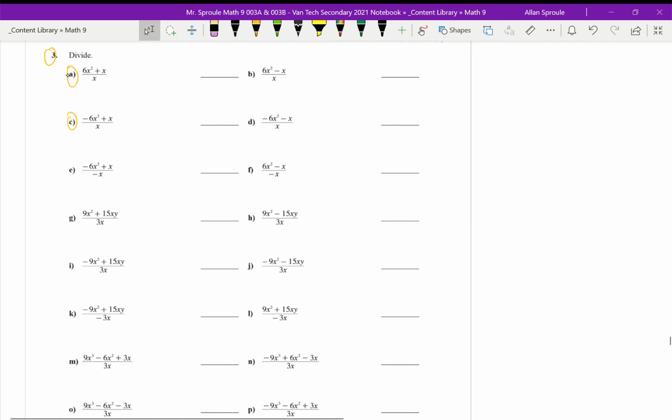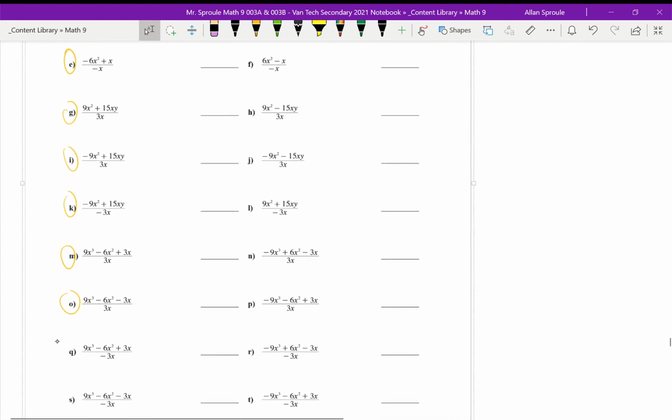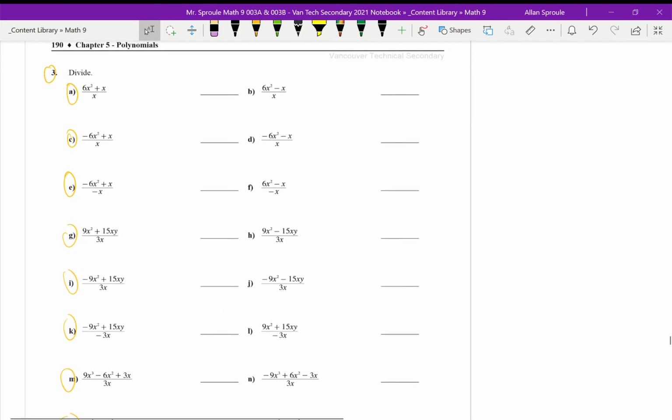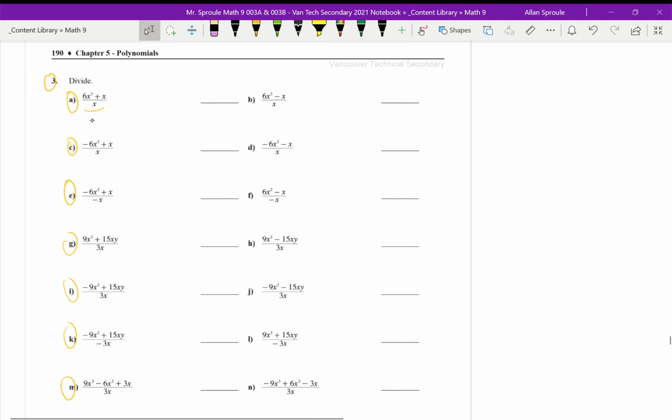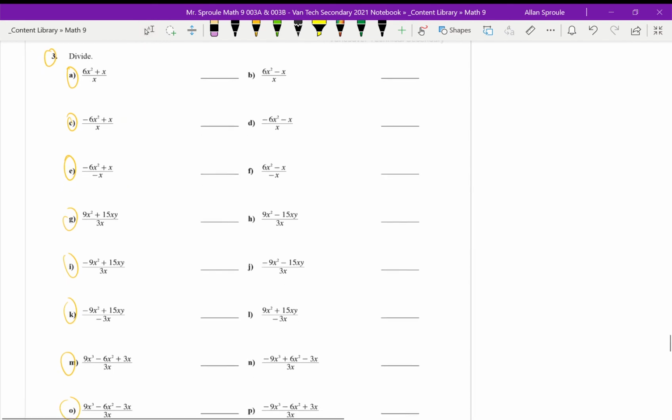So A, C, E. These ones build on each other. So notice how we start with something simple and then we add another layer on it here, like there's a negative sign and then there's 2 negative signs. So these problems have a very similar pattern to them.